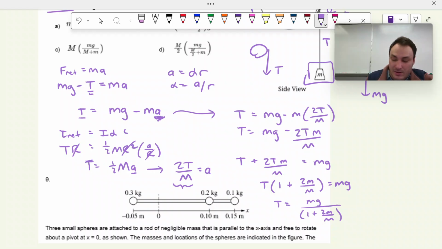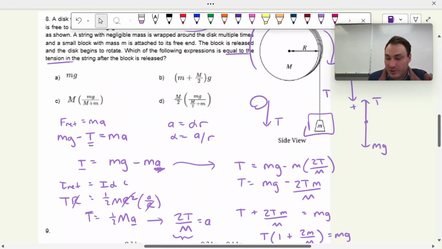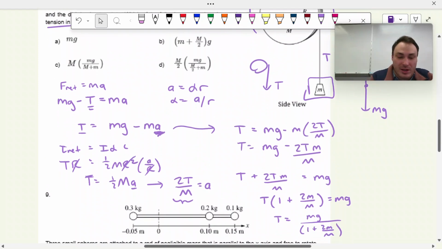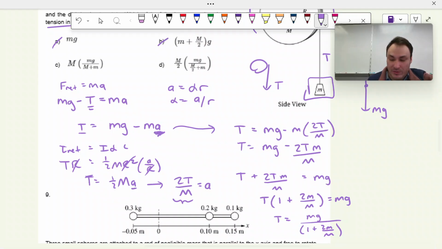And so we have an expression for T in terms of what we need to be in terms of. It's not A, it's not B. Okay, maybe we have a little bit more work to do, but I can see that the answer is going to be M over 2 here.